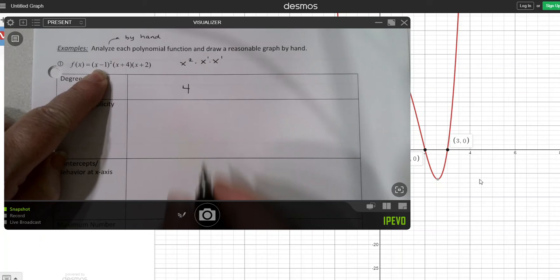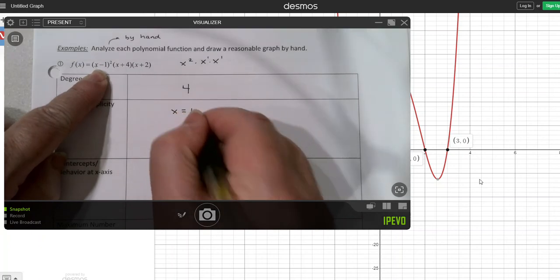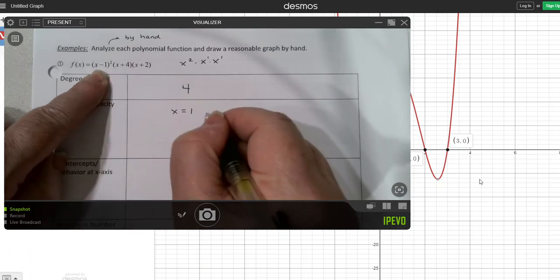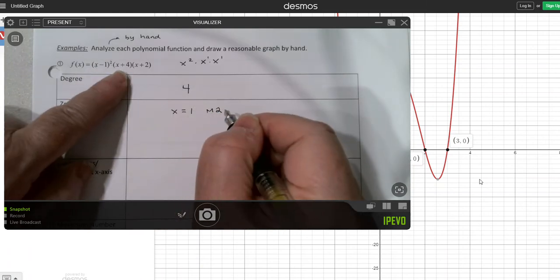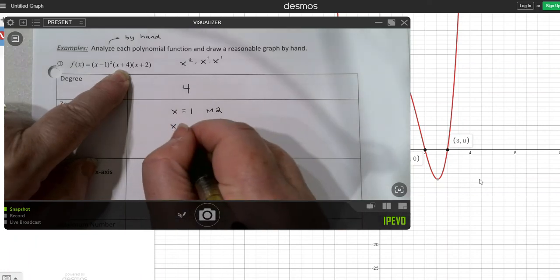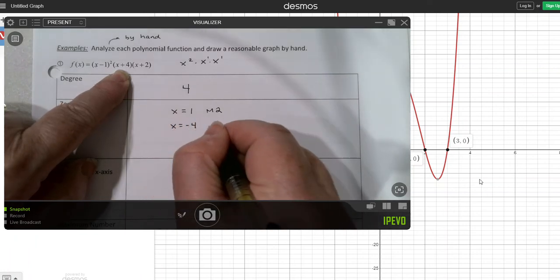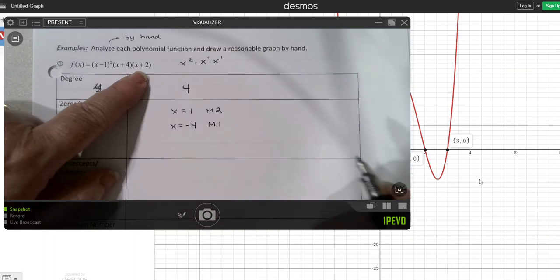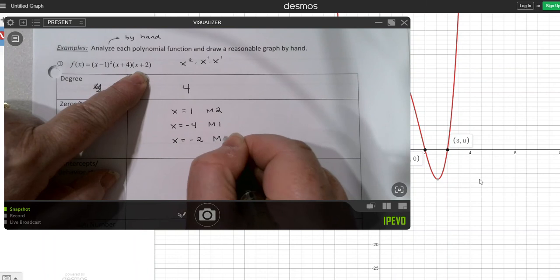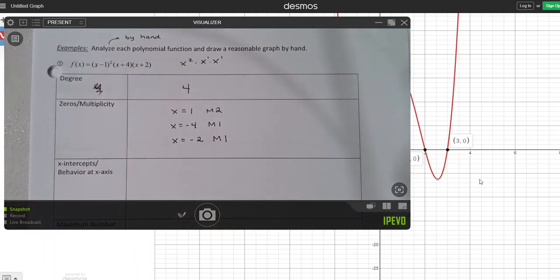I would have x equal 1 when I set that equal to 0, right? X would be 1. And that's got a multiplicity of 2. Setting this factor equal to 0 would give me x equal -4. That's going to have a multiplicity of 1. And this last one, x equals -2, also with a multiplicity of 1.